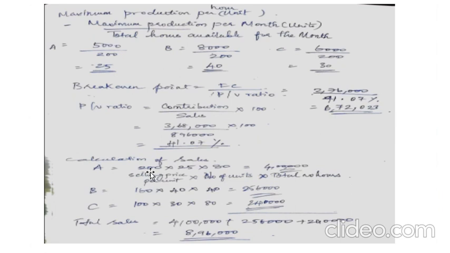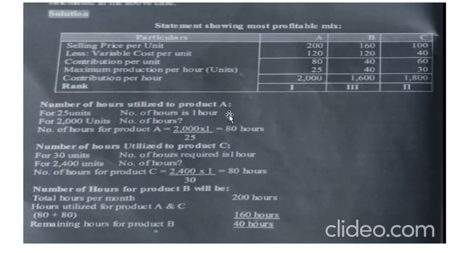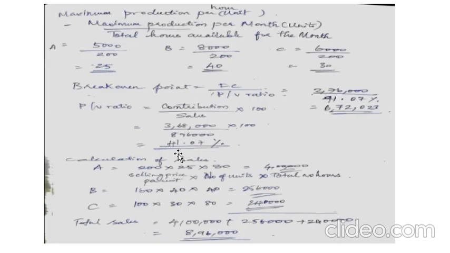So 200 is the selling price into 25 units can be produced in 1 hour. And the total hours required to produce the annual demand is 80. So 80 hours. So this calculation you have got here, which is 80, 80 and 40 for B. So into 80, which will give you 4 lakh.